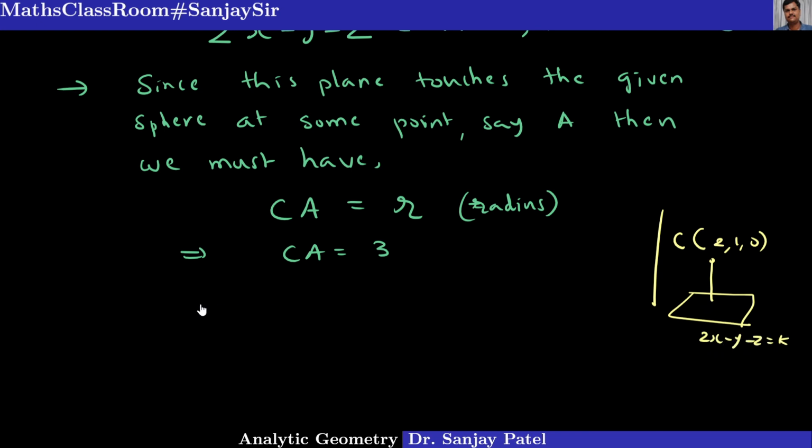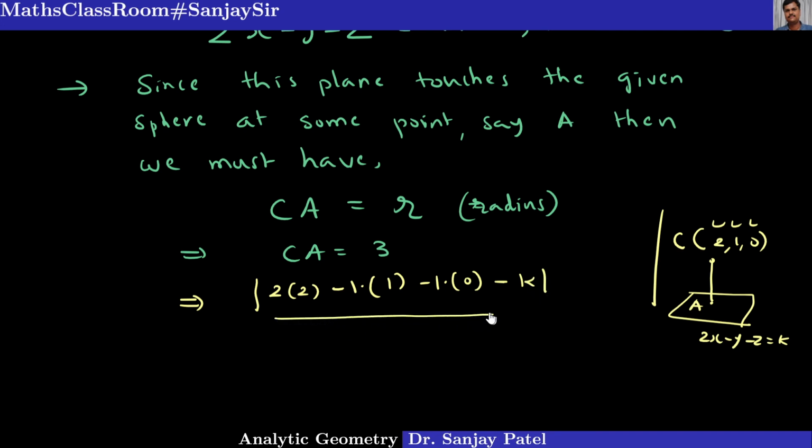Using the formula for this perpendicular distance, we just substitute these coordinates 2, 1, 0 in the equation of the plane. So 2 into 2, putting x equal to 2 here, minus 1 into y, which is 1, minus 1 into z, the z coordinate, and minus the constant term. The constant term is k, so it is minus k.